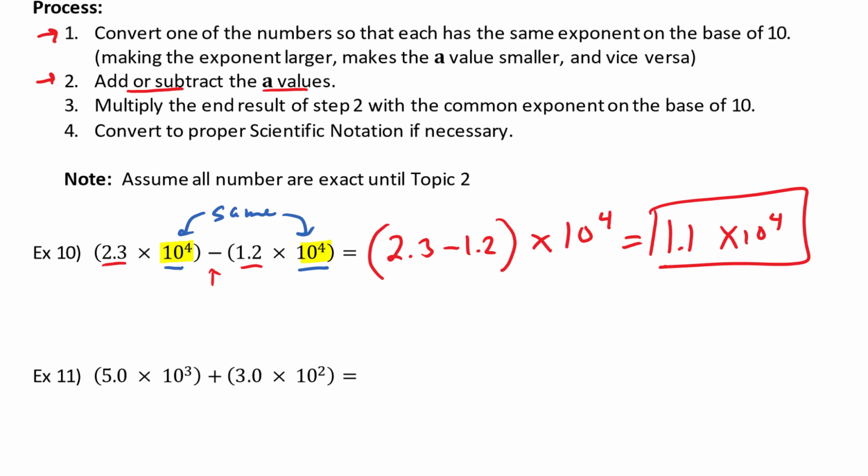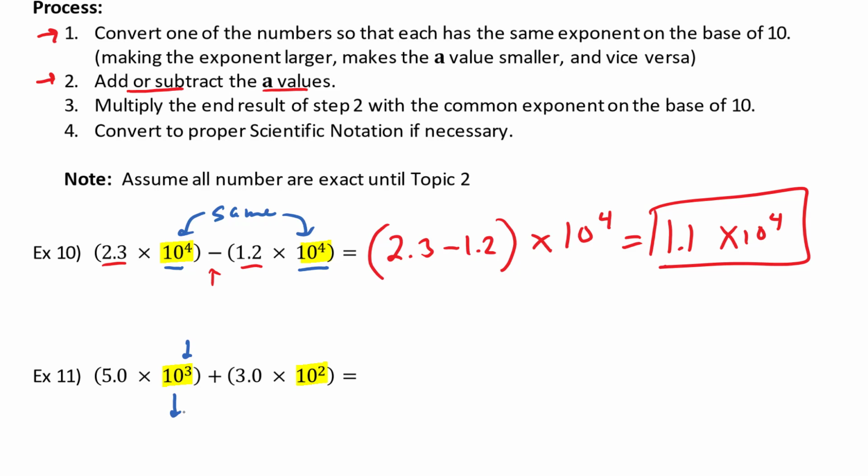We look at this one now, and we see they have a different exponent on the base of 10. Step number 1 is we convert both numbers so they have the exact same exponent on the base of 10. It doesn't matter here whether we convert them both to 10 to the 2 or convert them both to 10 to the 3, as long as they are the same. I'm going to convert them both to an exponent of 2. Here, we have 10 to the 3.